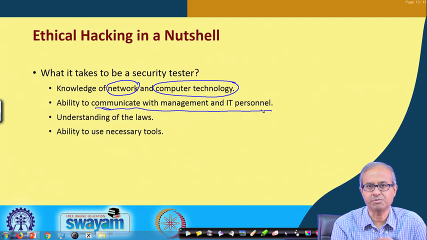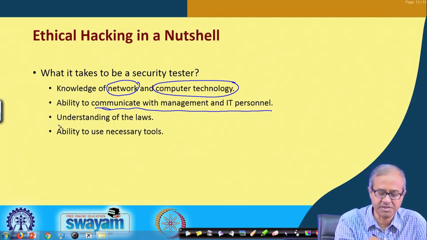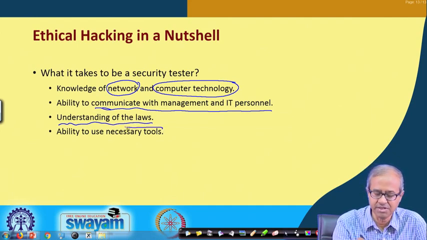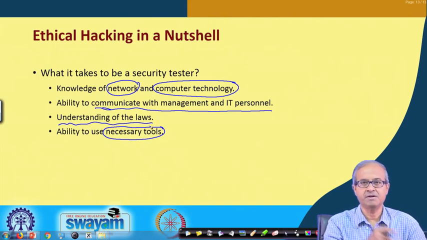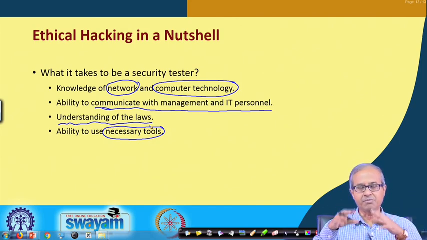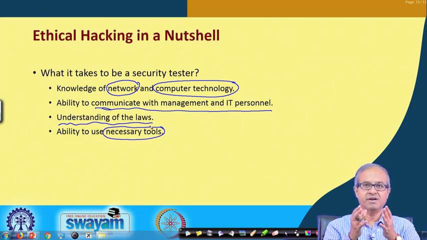That art is also something to be mastered. You need to interact with other people. This quality is also very important. And of course, I mentioned the laws of the land are very important to understand, and you should have the necessary tools at your disposal. Some of the tools may be freely available, some of the tools may have to be purchased, some you may develop on your own. So, you should have the entire set of tools at your disposal before you can qualify yourself to be a good network, you can say ethical hacker, penetration tester, or a security tester.